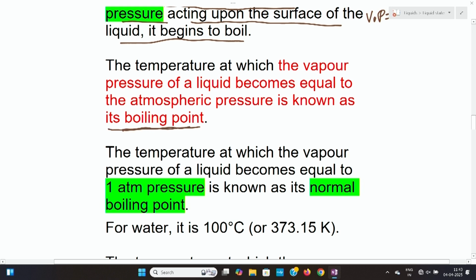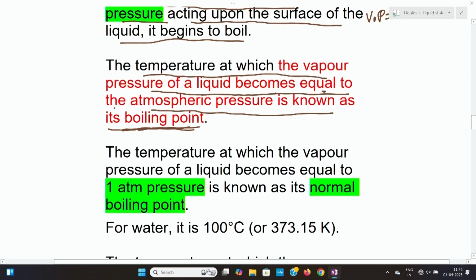The boiling point is the temperature at which the vapor pressure of a liquid becomes equal to the atmospheric pressure. The temperature at which the vapor pressure of a liquid becomes equal to the atmospheric pressure is known as its boiling point.